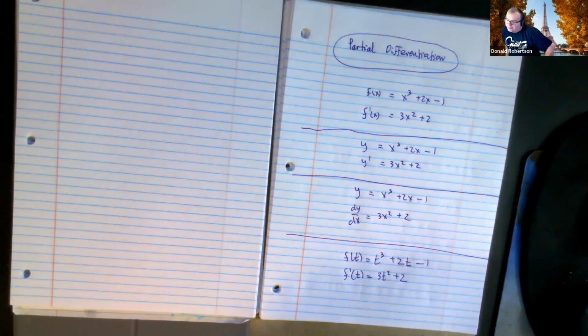Are we also comfortable that x and y are no more special than t, w, z, p, and any other letter of the alphabet? As long as you have a function of a variable, you can find its derivative.